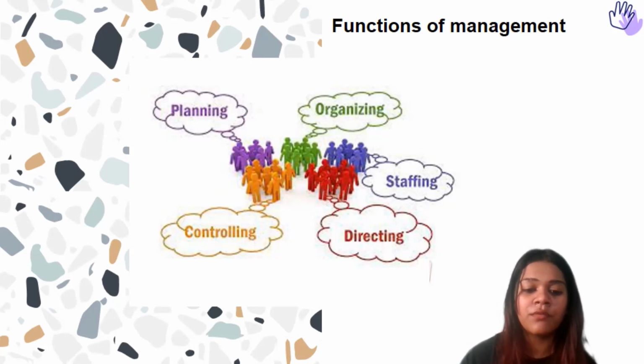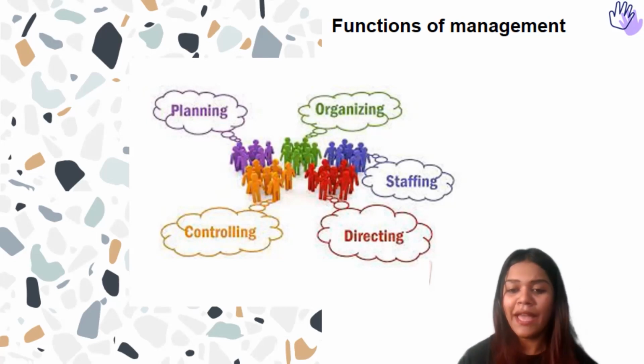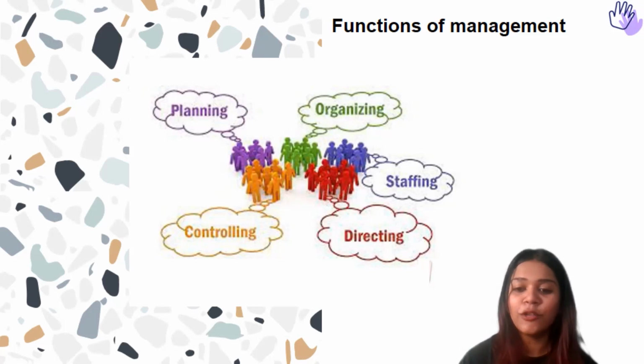Directing is a function which focuses on providing leadership, communication channels, directing people how to do work, motivating, and so on. And controlling consists of activities that happen at the end to ensure that there is no deviation from the set goals or objectives. So we would learn about them extensively in the upcoming chapters.